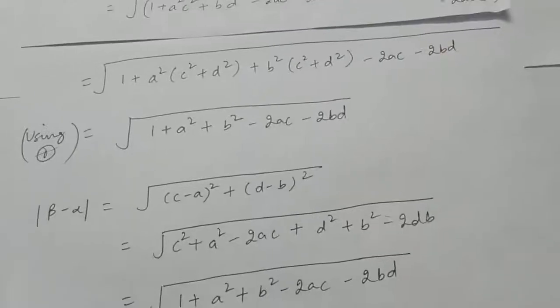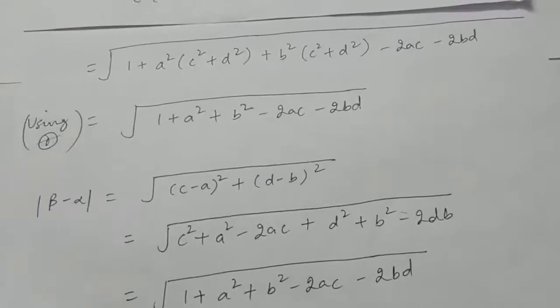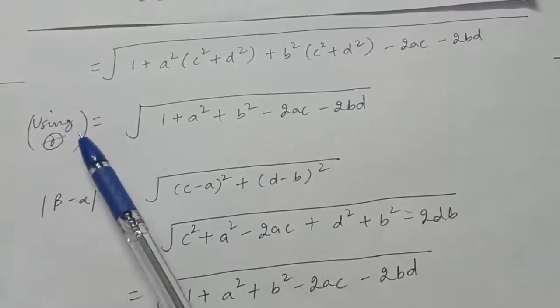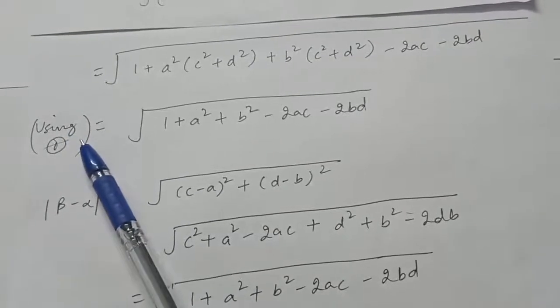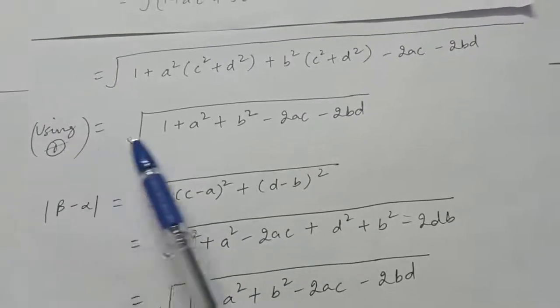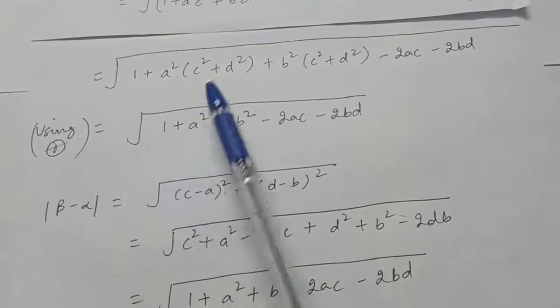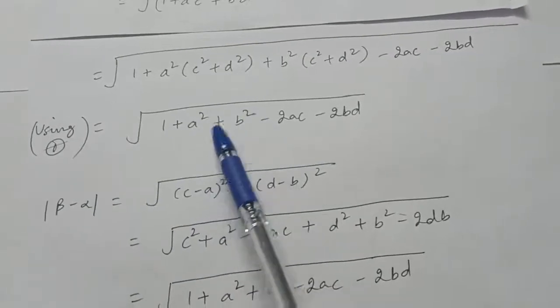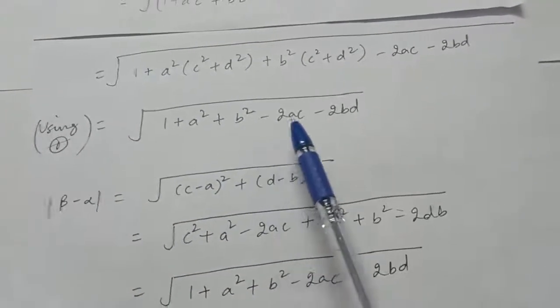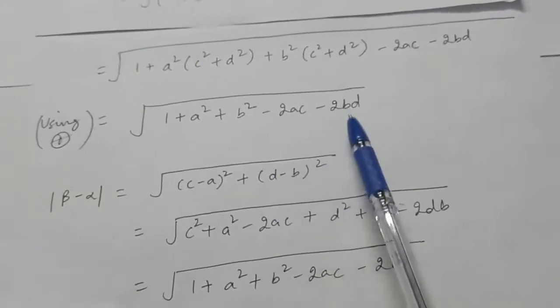Also, it is given in the question that modulus of b is 1, from which we got c square plus d square is equal to 1. So, using that first result, 1 plus c square plus d square is 1. So, you will get a square plus b square minus 2ac minus 2bd.